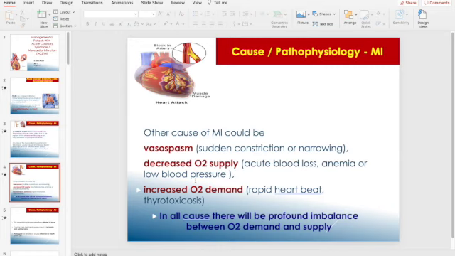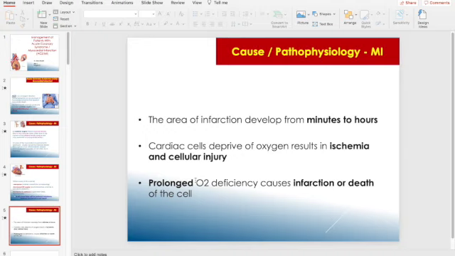Because of that, there will be an imbalance between oxygen demand and supply. As we explained before, there will be an increase in the demand for oxygen and a reduction in the supply of oxygen. We'll continue about the causes and pathophysiology.